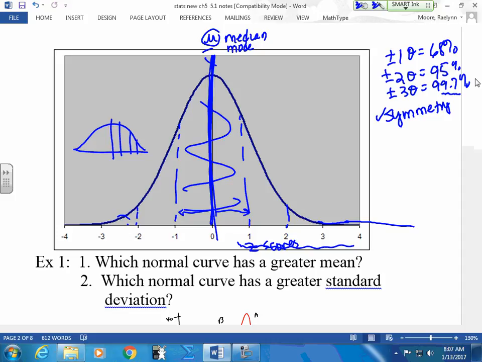So the total area under this curve is going to be equal to 1, or 100% if I'm looking at percentages. It's got to cover 100% of my information. These little guys out here are so tiny, but they do exist. Okay, so the total area under your curve is 1, just like the probabilities. And when we work on your normal curve, we're going to tie them into probabilities, which is why we spent a lot of time on probabilities.